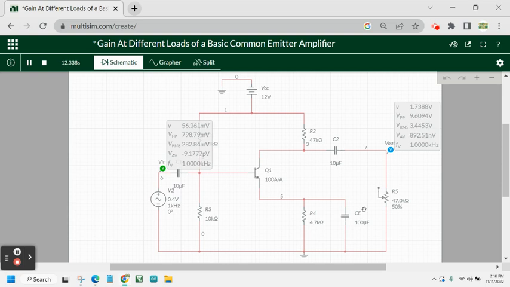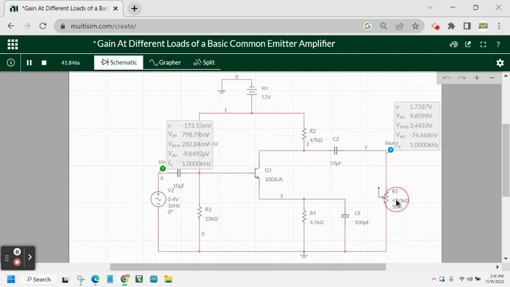Therefore, it will be better if we connect a capacitor across R4 because the VPP output will be larger than not using this capacitor. So we can say that the CE really helps in increasing the output voltage of our amplifier.